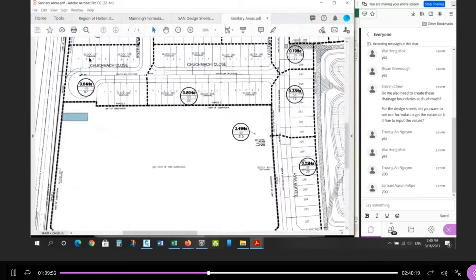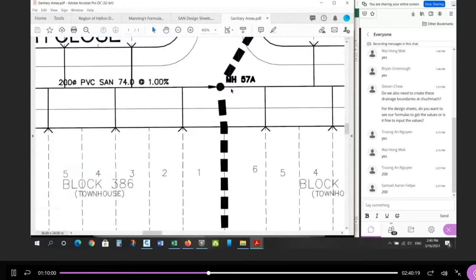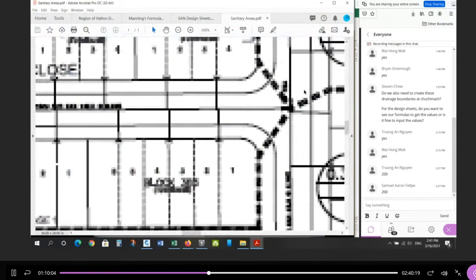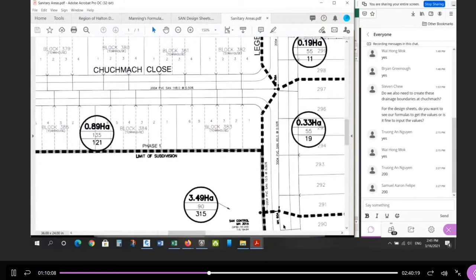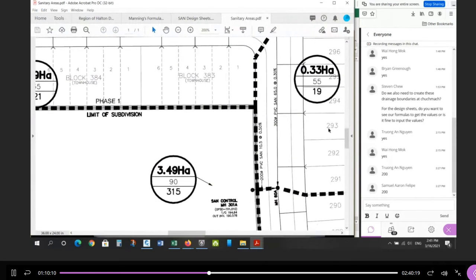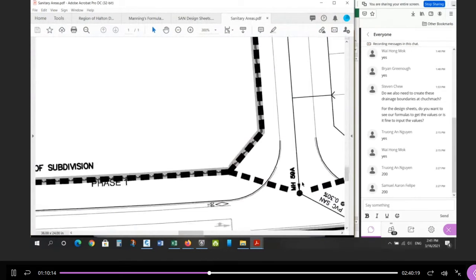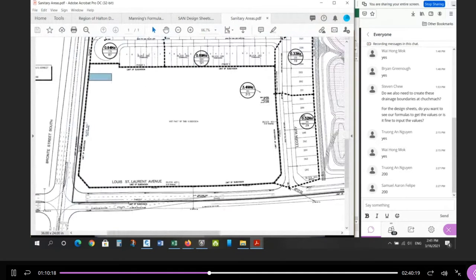So if you go to here, you'll see the numbers are getting bigger as you go downstream. 56A flows into 57, 57 flows into 58, it's going down this way, flows into 60, 60 flows into, well, flows into 59, okay? So the numbering system's all a little bit wacky. Go with what I taught you in CDA. Start at the bottom and work your way upstream by increasing the maintenance hole numbers.